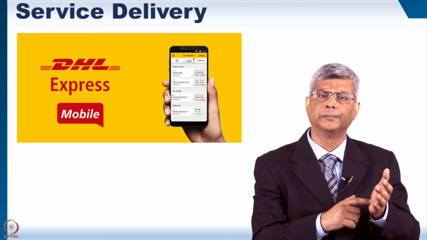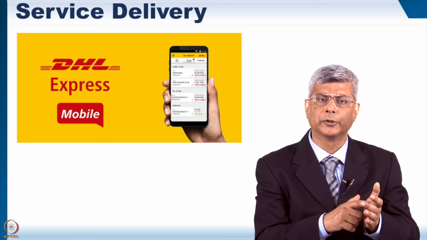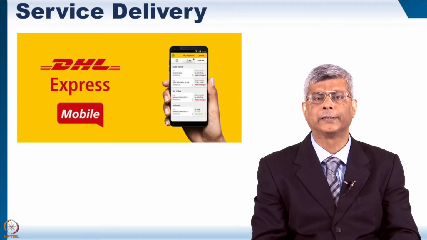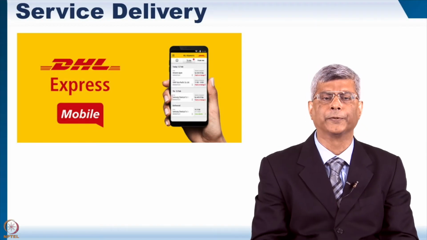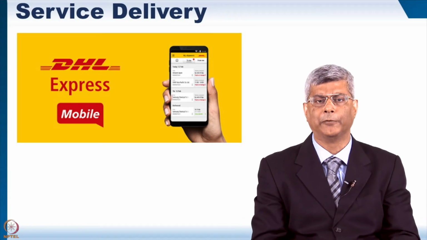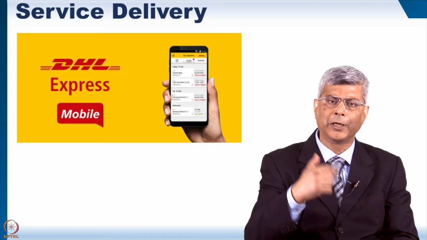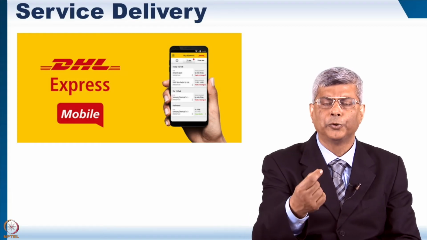So you have an app. Many of us have many apps on our phones to do electronic business and get electronic service. So DHL also has that. All of this comes under service delivery. And the intent of all of this is to make it easy for you and me as customers to use that service.